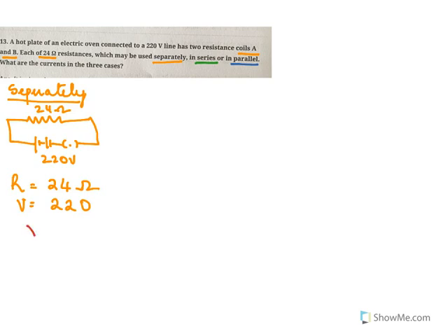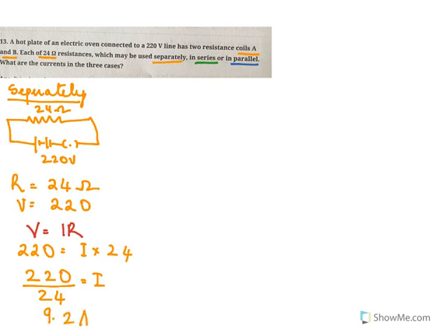We go up to our Ohm's law, V equal to IR, and then we have 220 equal to I into 24. So 220 over 24 equal to I. So that will be 9.2 amperes. So in this case, the current flowing when they are connected separately is 9.2 amperes.